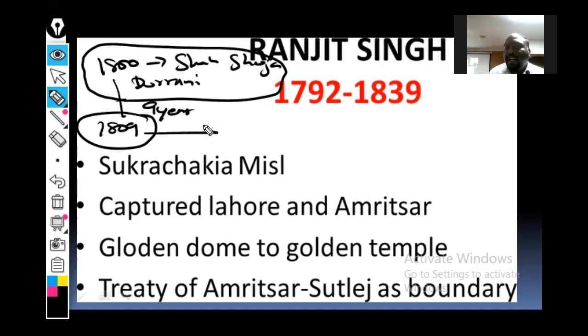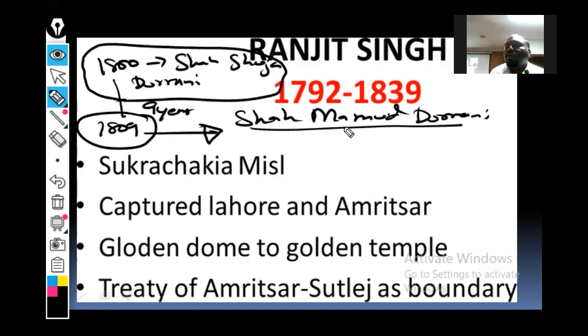During 1809, Shah Shuja's brother was Shah Mahmud Durrani. He wanted to sit on the peacock throne. So he was supported by powerful Barakzai Sardars.